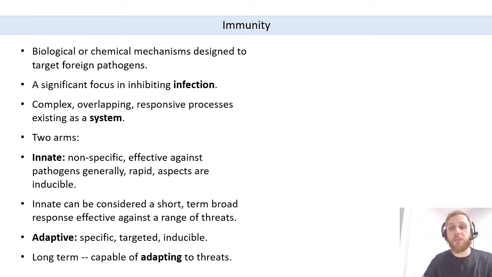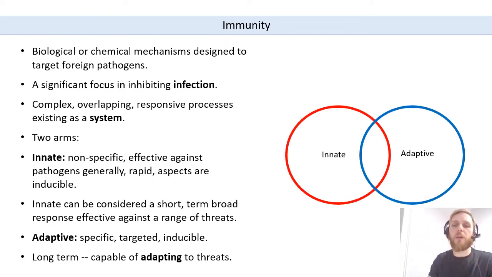It can be launched in response to a specific microorganism, but the response is a general response and it's initiated by general features on the microorganism. So we're not really thinking about antibodies here. We're thinking about receptors that can detect microbial features, and this broad, wide-ranging immune response is initiated as a consequence.